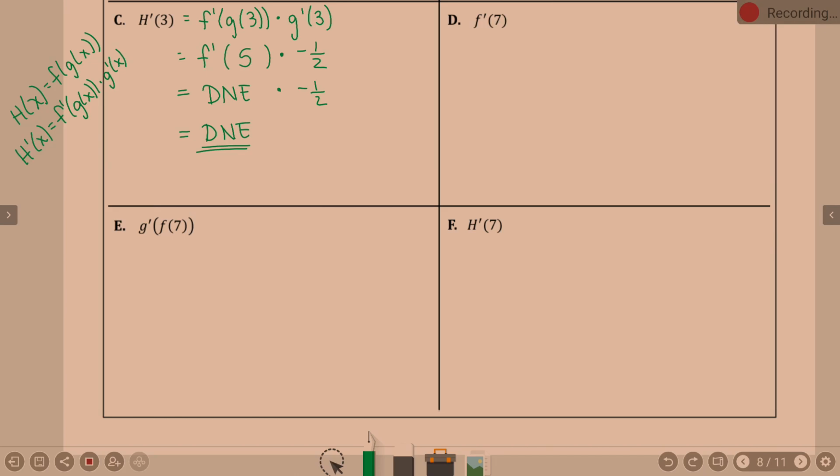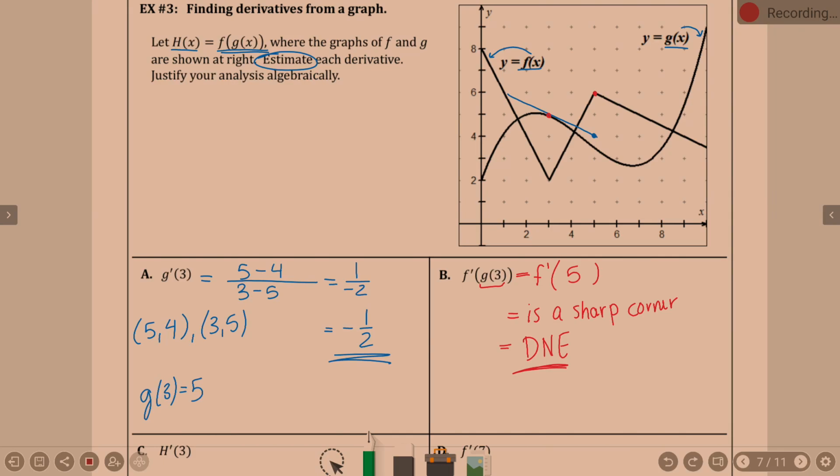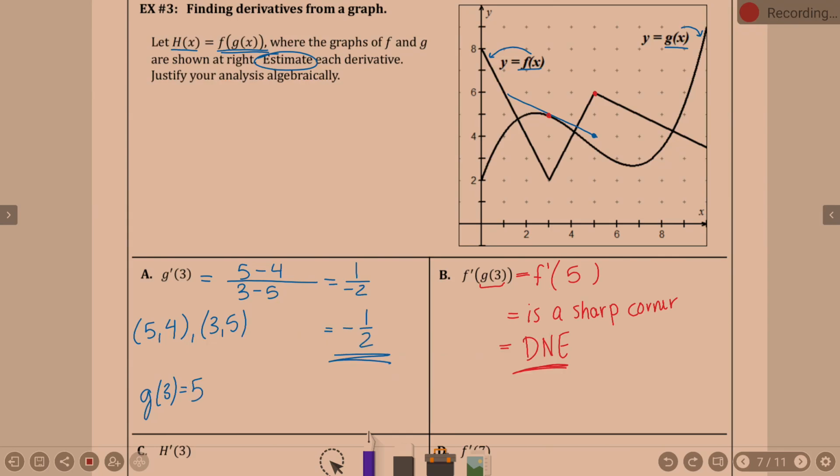Yeah. Okay. F prime of 7. We've got to do something different, don't we? So F, oh, F is the pointy one, right? F prime of 7. Right, yeah. The slope of the tangent line is this.